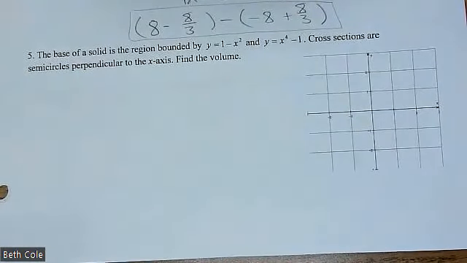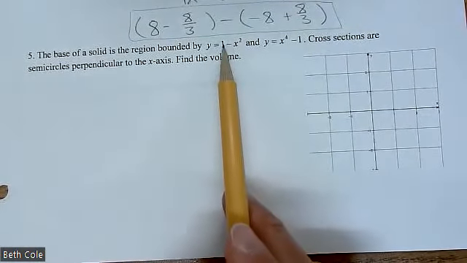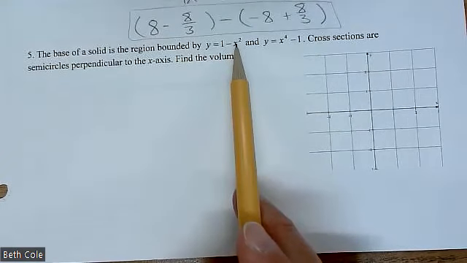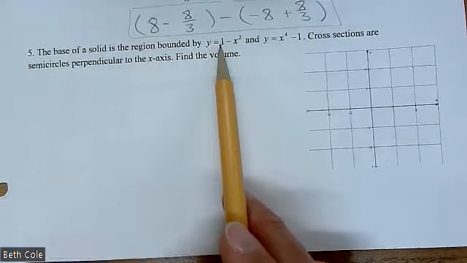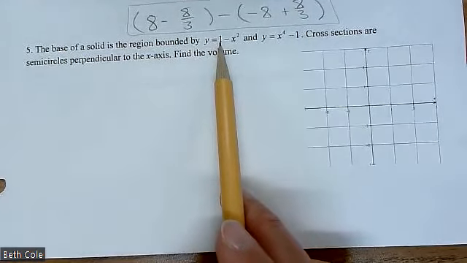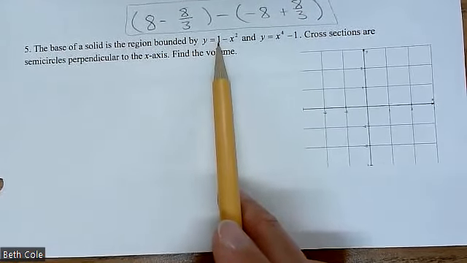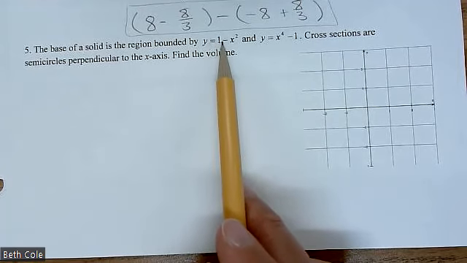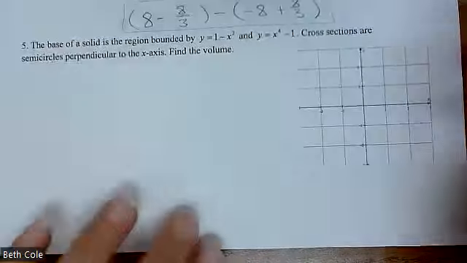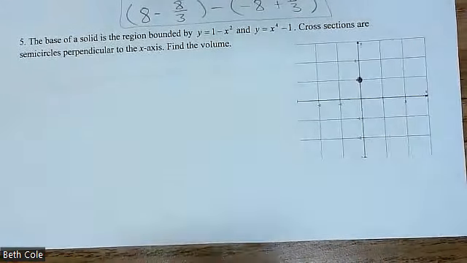Last one. Yay. All right, so let's graph these. 1 minus x squared. It's going to be a parabola. It's going to be upside down. And what direction moves? Up 1, good. So we're going to go up 1, put a point.